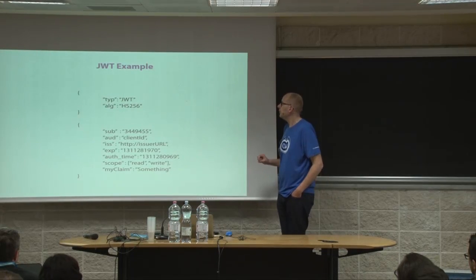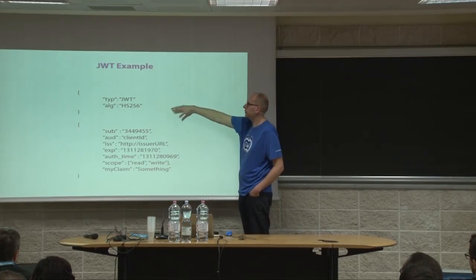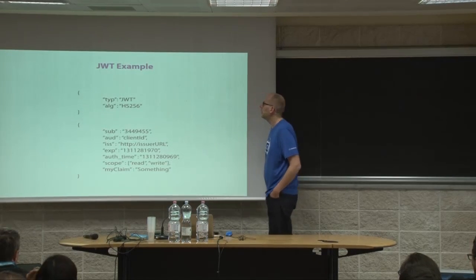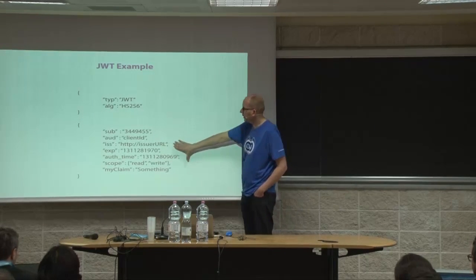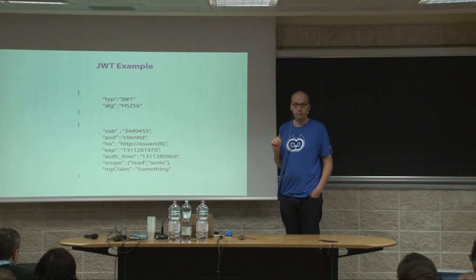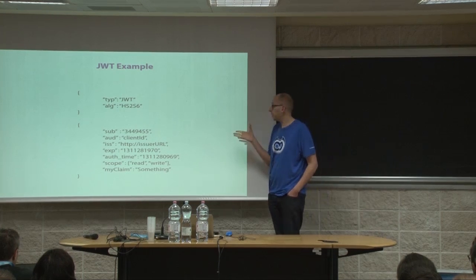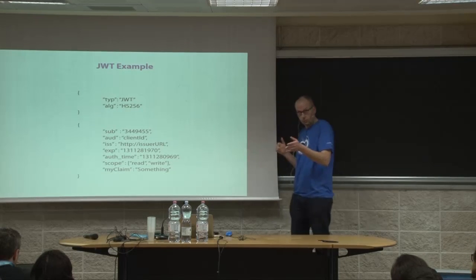So what's in the token? Well, it's JSON, so it's curly braces. It has a header. It says, well, my type is JWT, and I'm using a certain encryption algorithm. And in the body is the subject, and the subject is the Homo sapiens I talked about earlier. When you log in, for example, with Google, the application gets back a number that's unique for you, so I can easily correlate that number to you.